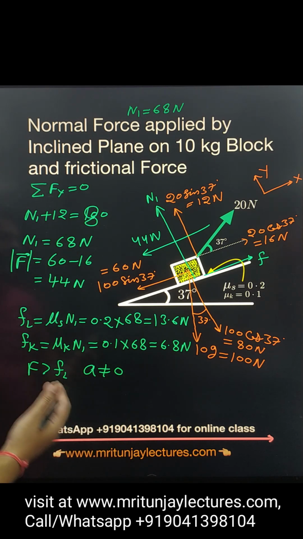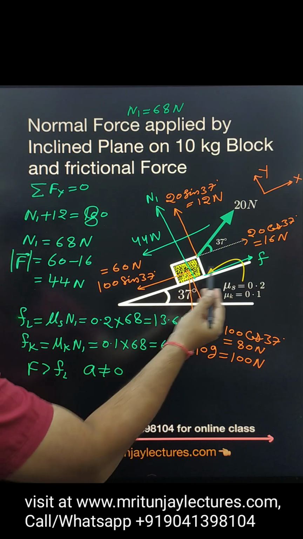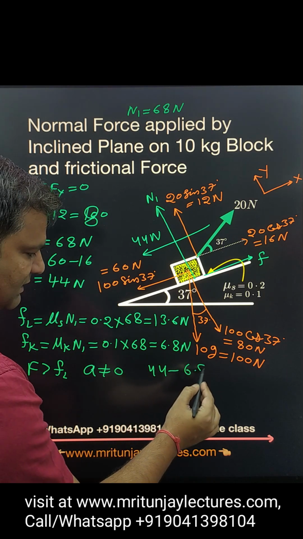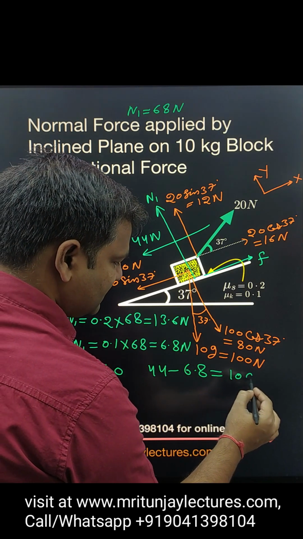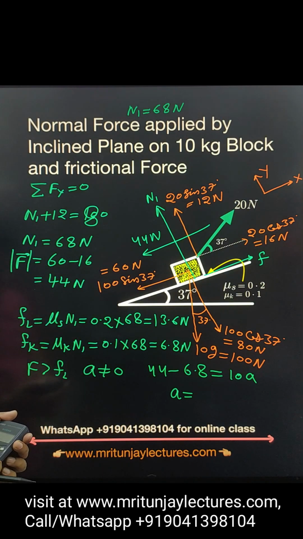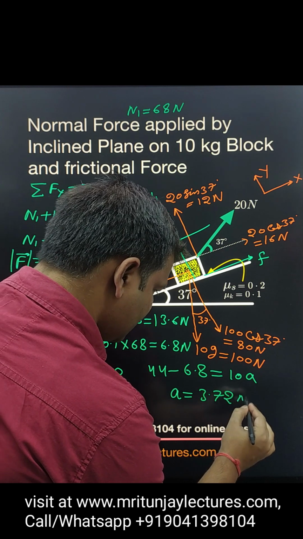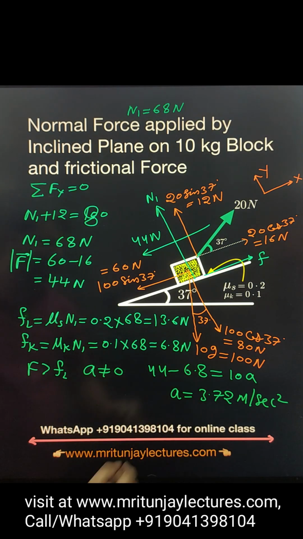If you want to determine the acceleration of the block, then 44 minus the kinetic frictional force, because during motion kinetic friction acts, that is 6.8, will be equal to mass into acceleration. Mass is 10, acceleration is a. So a is 44 minus 6.8 divided by 10, and we get 3.72 meter per second square. So the acceleration of the block is 3.72 meter per second square.